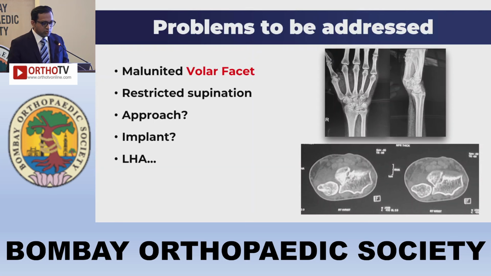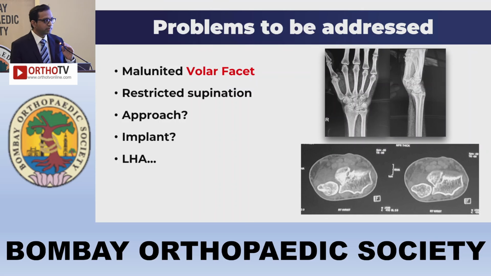So now you know there is a malunited volar facet, restricted supination. So how to proceed further? If at all you want to do a surgery, what implant, what approach, or should we leave her alone?